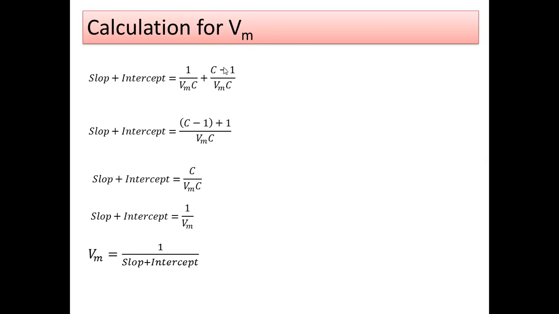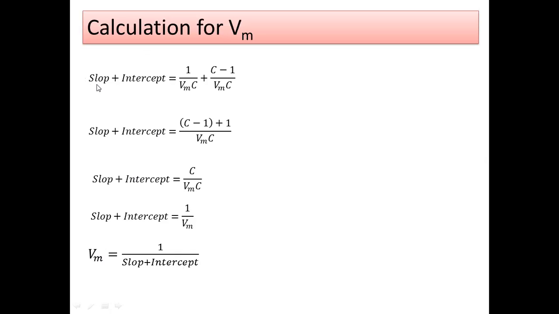So you can easily calculate it. Actually, when you take the reverse of slope plus intercept, this will be equal to the saturated volume. And the reason is given over here. This is the explanation of why 1 over slope plus intercept will be equal to the Vm.